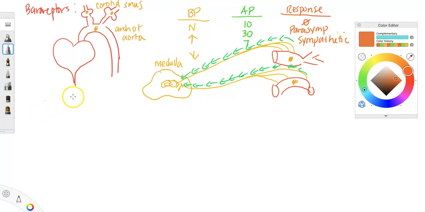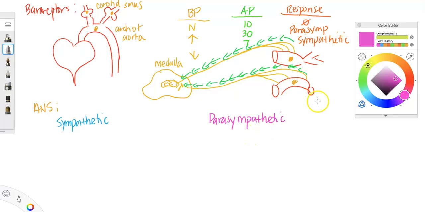All right. So in the ANS, we have the sympathetic response and the parasympathetic response. Okay, so both of these can affect the heart. The parasympathetics innervate the heart just like the sympathetics do, so the heart is different. And what happens?